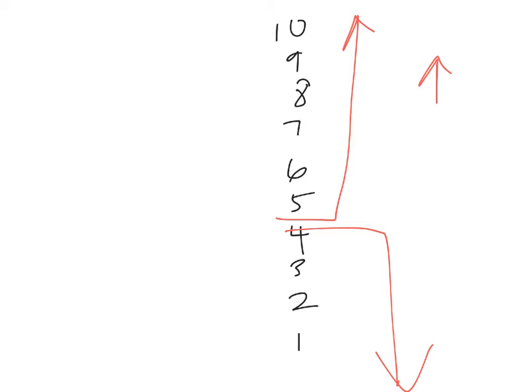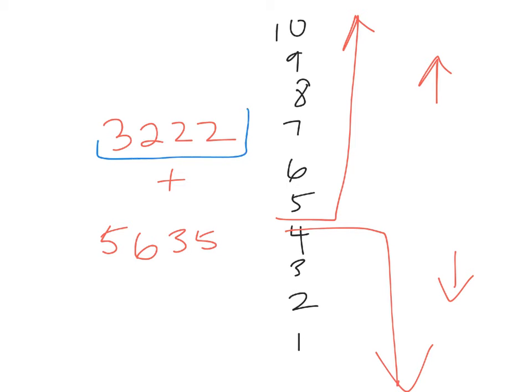Please forgive me. Okay. If I gave you the number 3,222, and I want you to round to the nearest thousand because we're adding 5,635. Let's see if we can round this to the nearest thousand.